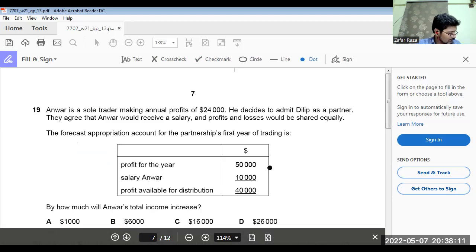Now, after salary, the profit is 40,000 divided by 2. It means he will get 20,000 from the profit. 10,000 salary means 30,000. He's currently earning 24,000. So his total income is increased by 6,000. Getting my point now?